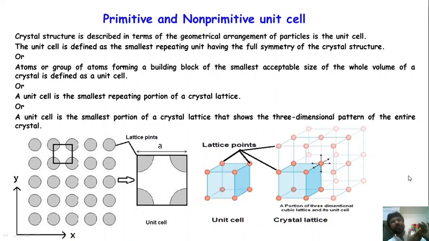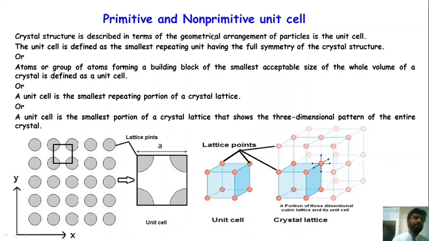It is the building block of the different unit cells: this is the first unit cell, the second unit cell, and so on. This structure we can describe in terms of the geometrical arrangement of the particles in the unit cell. So the unit cell is defined as the smallest repeating unit having the full symmetry of the crystal structure.